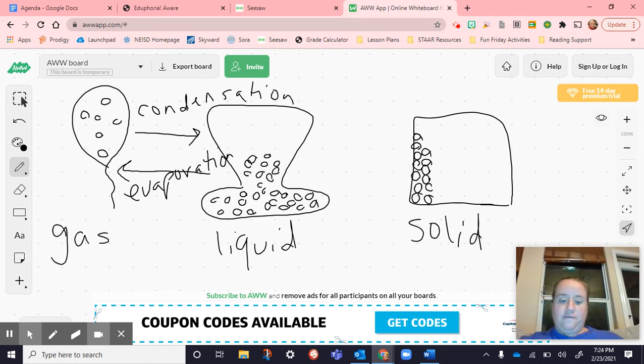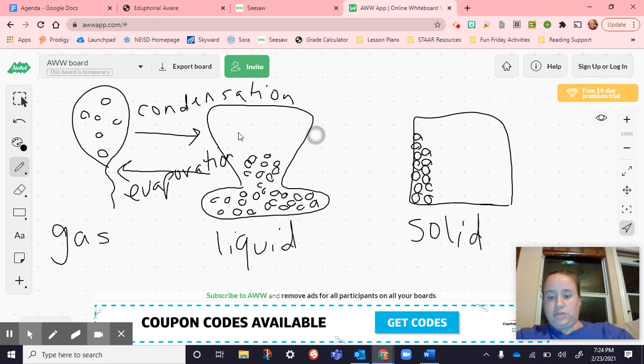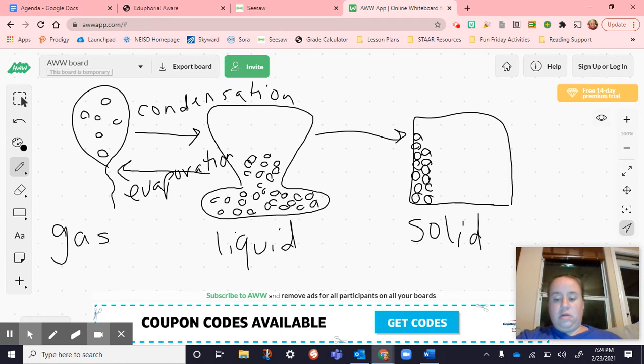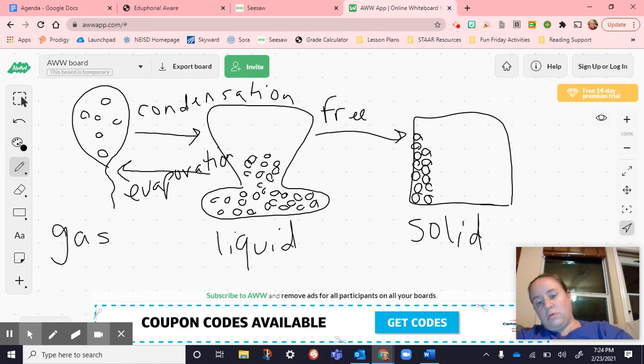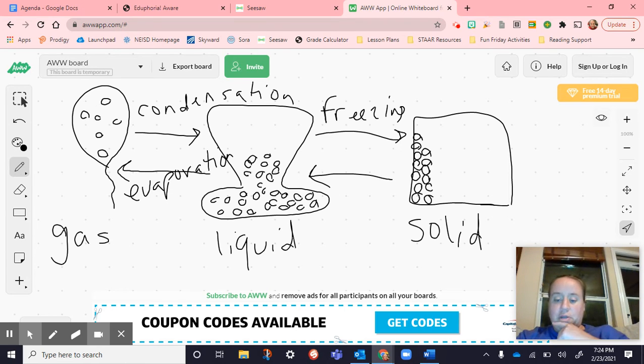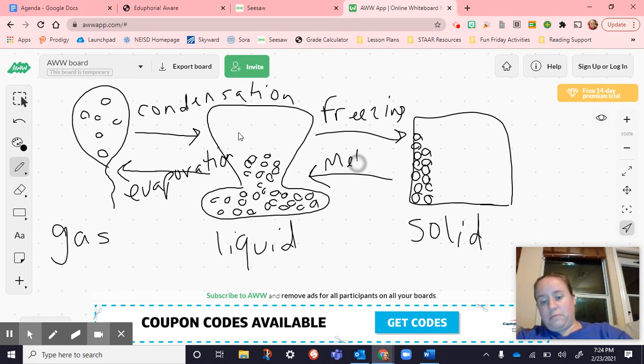Okay. If you want to take a liquid and turn it into a solid, then you have to remove that heat. And if you want to take a solid and turn it back into a liquid, you're going to go from freezing it to now melting it.